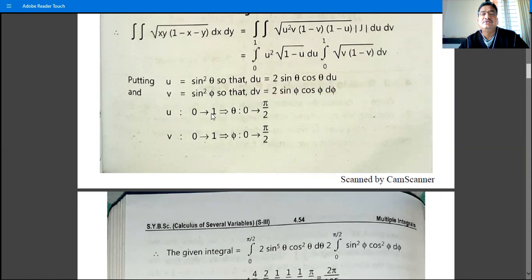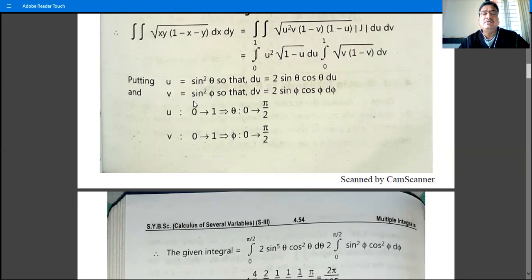If we substitute u as 0, then sine square theta is 0, means sine theta is 0, means theta is sine inverse 0. Sine inverse 0 is 0. So u tends to 0, then theta also tends to 0.